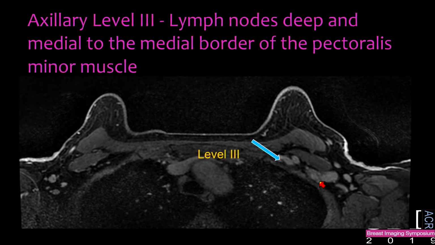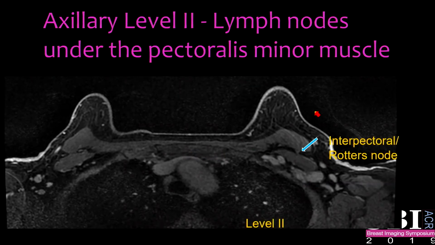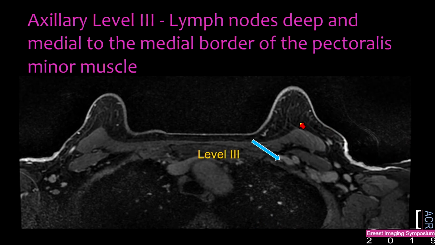And then sometimes you will have lymph nodes between the pectoralis major and minor muscle, and that's the interpectoral or the Rotter's node. The level 3 lymph nodes are the ones which are medial to the medial border of the pectoralis minor muscle.